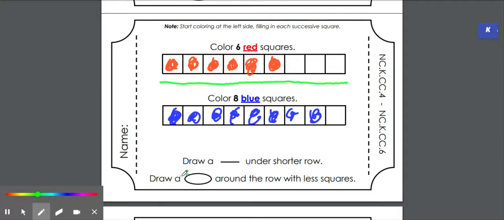Now it says to draw a circle around the row with less squares. Less squares. So if this row is shorter because it only has 6, and this row is longer because it has 8, which row has less squares?